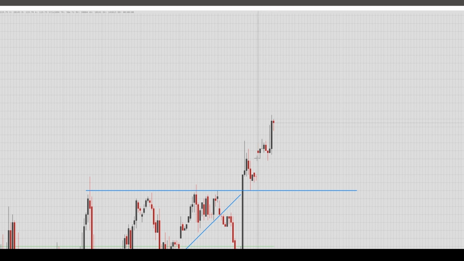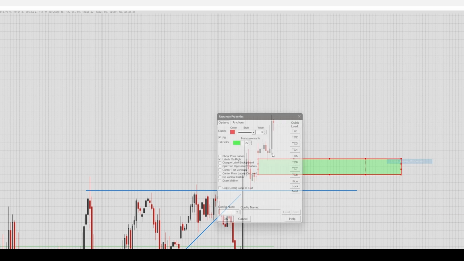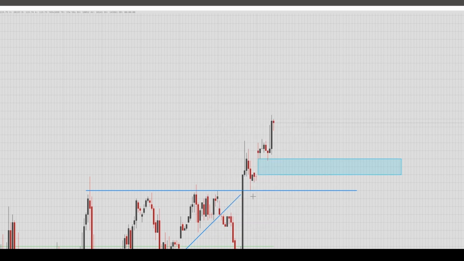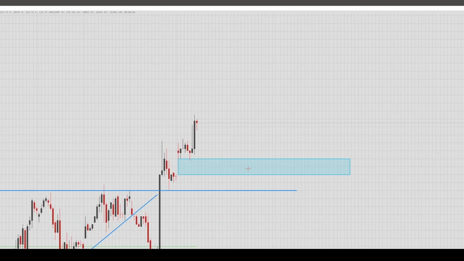I'm going to be marking this. So I don't trade the Bobl or the Schatz. I just look at how the market is reacting on those contracts, just because I trade the German Bunds, and as you probably know, the German Bunds move like the Bobl and Schatz.